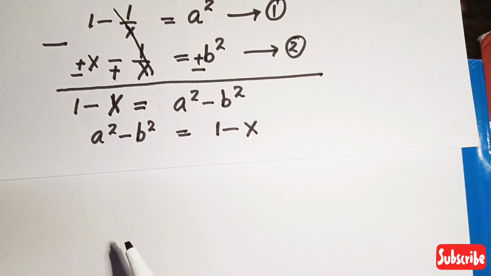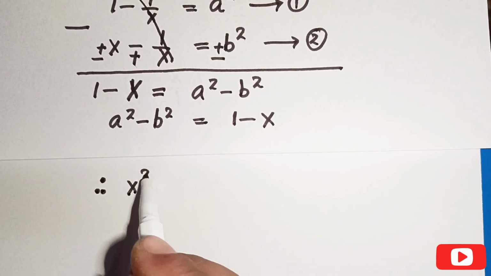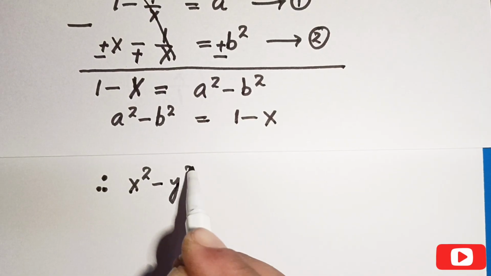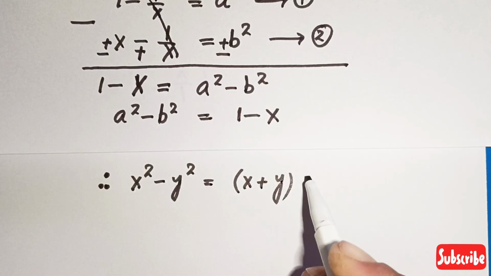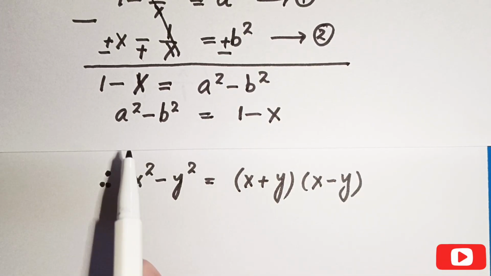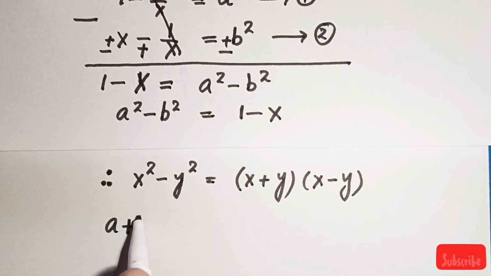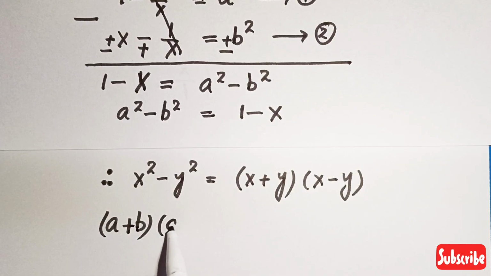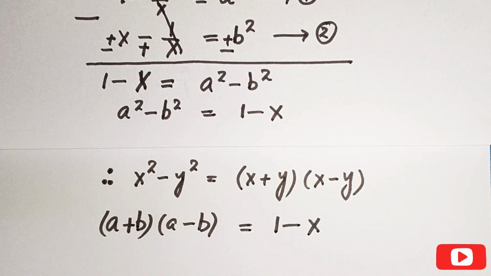Now as we know the algebraic formula that x squared minus y squared is equal to x plus y times x minus y. So using this formula, as we have a squared minus b squared, it will be a plus b times a minus b is equal to 1 minus x.